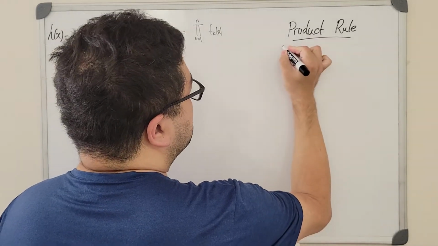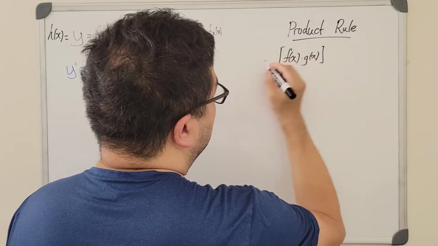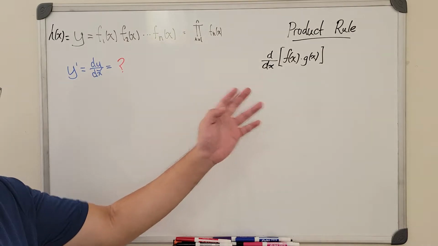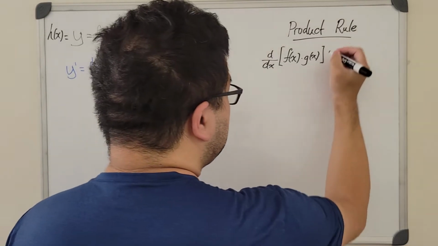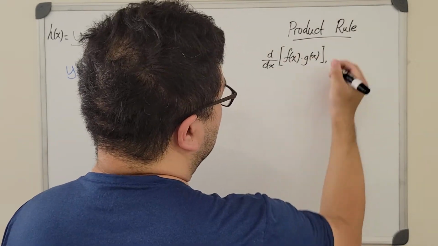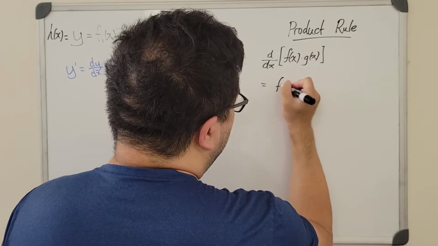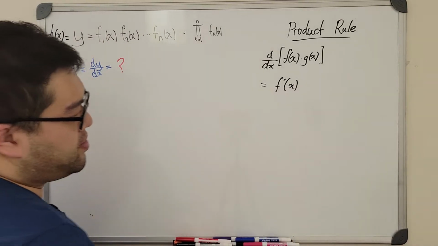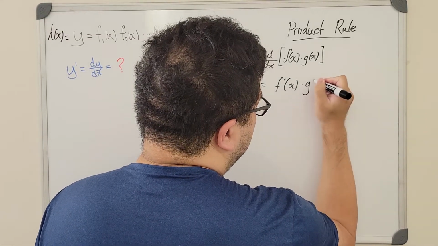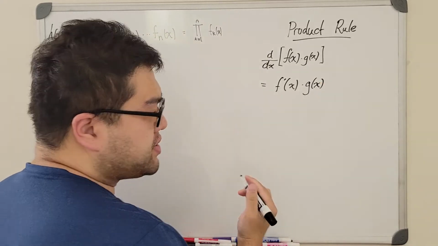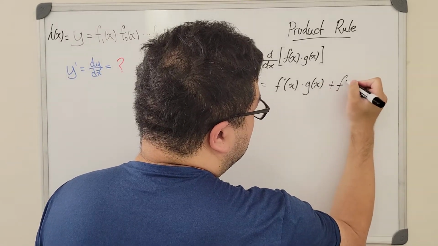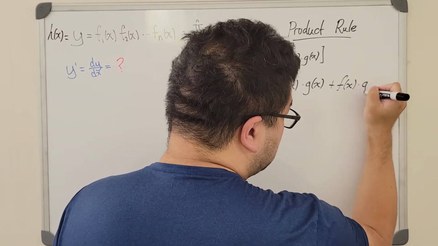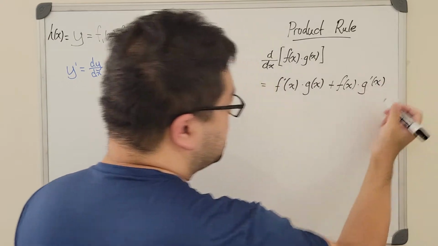Then the derivative with respect to x, d over dx, is equal to the derivative of the first function, f prime of x, times the second function itself, g of x, plus the first function, f of x, times the derivative of the second function, g prime of x.